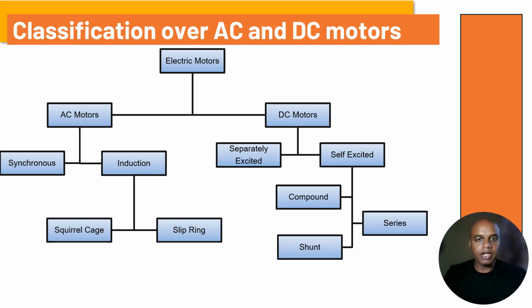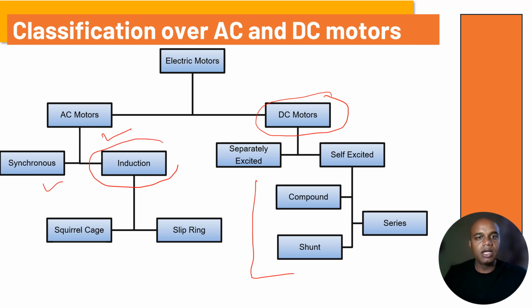So let's see where the induction motor gets placed. We have broadly classified motors into AC motors and DC motors. For the DC motors, all the variants we have already seen in another video. Here, for AC motors, we have two major classifications: one is the synchronous motor and the other is the induction motor. Under the induction motor, we again have two classifications: the squirrel cage induction motor and the slip ring induction motor.